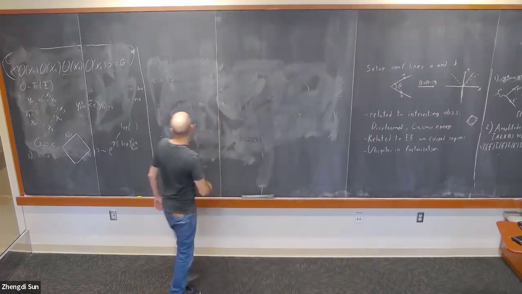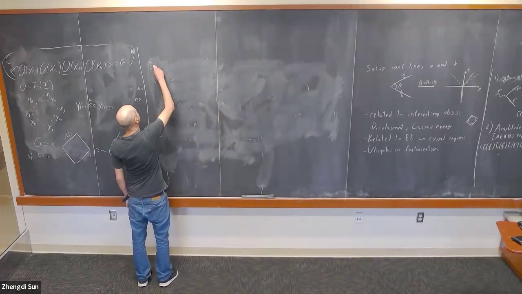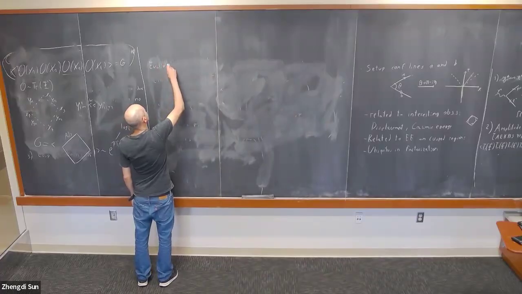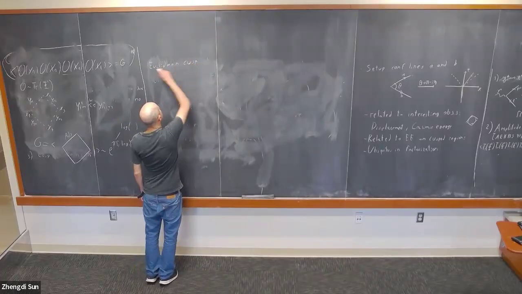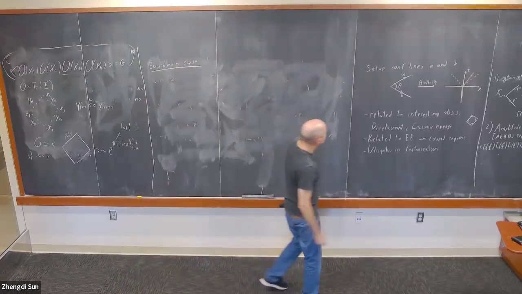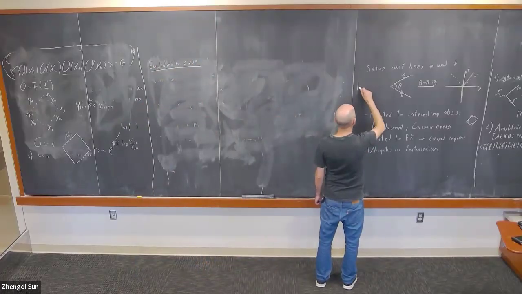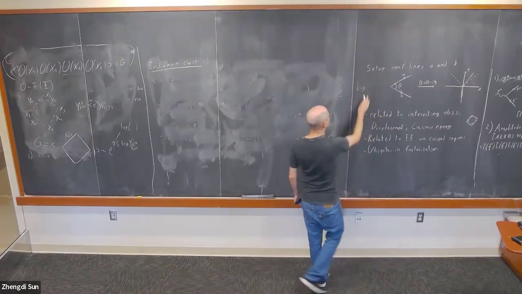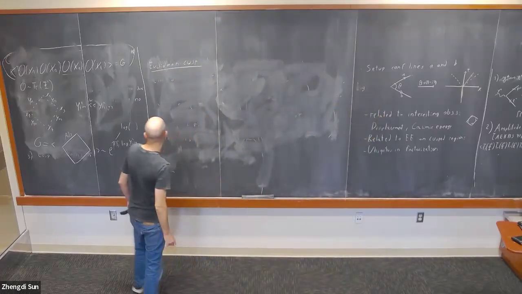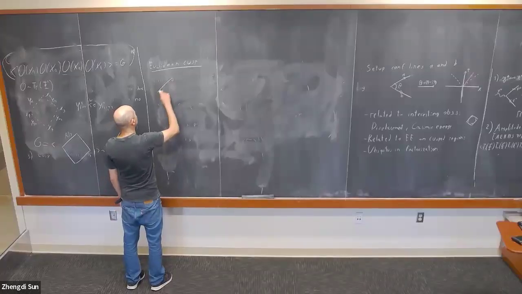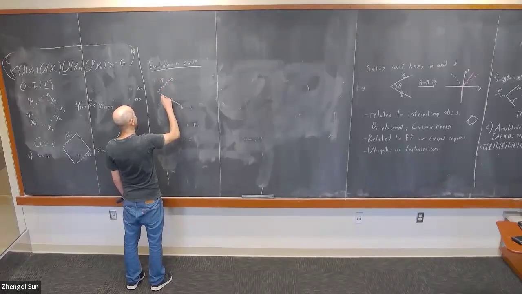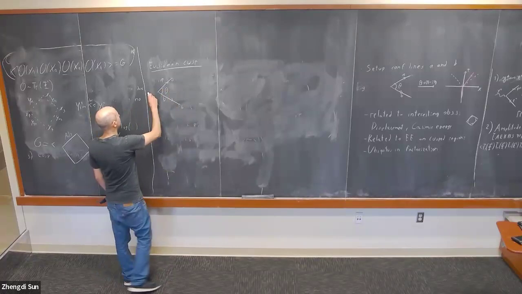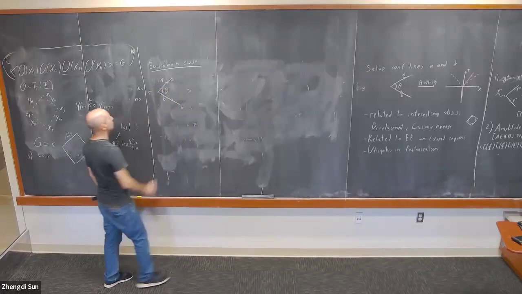Okay, so let me start with the Euclidean analysis. Euclidean cusp. I should have told you what I assume here about the partition function. Let's look at our object: lines A and B meet at angle theta. Let's ask what is this partition function, the expectation value of this thing.